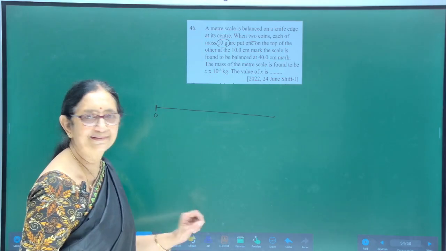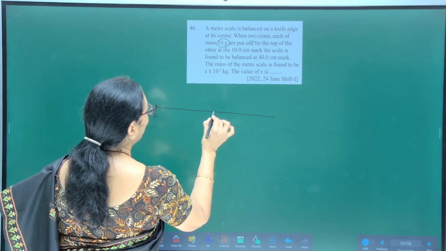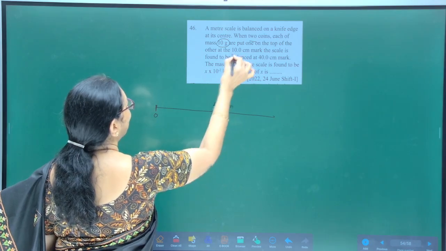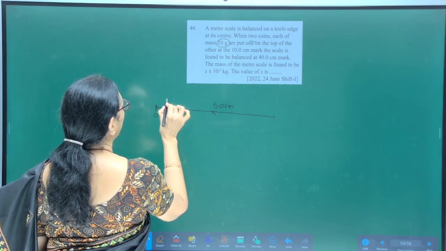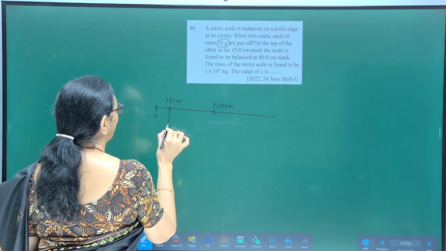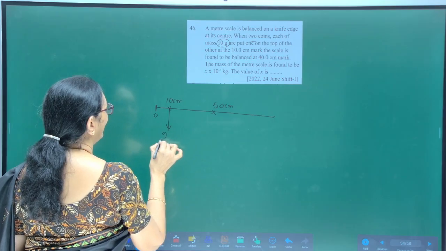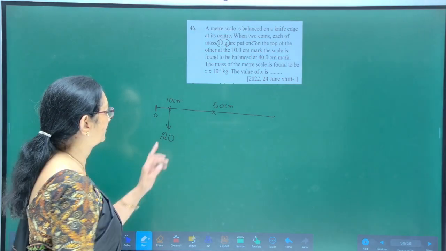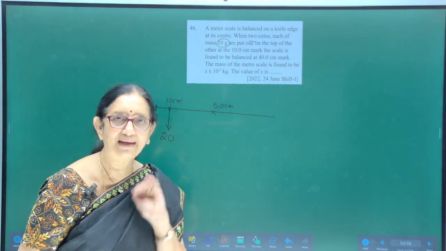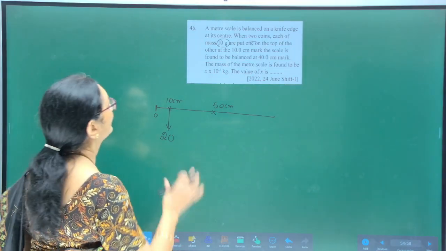Let this be the starting point and the center. This is 50 centimeters division. At 10 centimeters division, 2 coins of mass 10 gram each are placed. So, the mass of the 2 coins together is 20 g, acting in the downward direction.